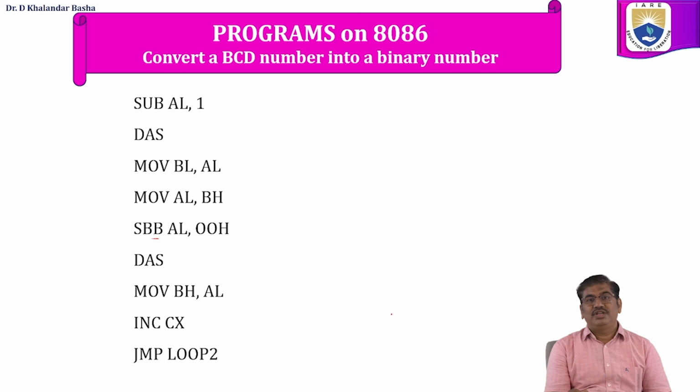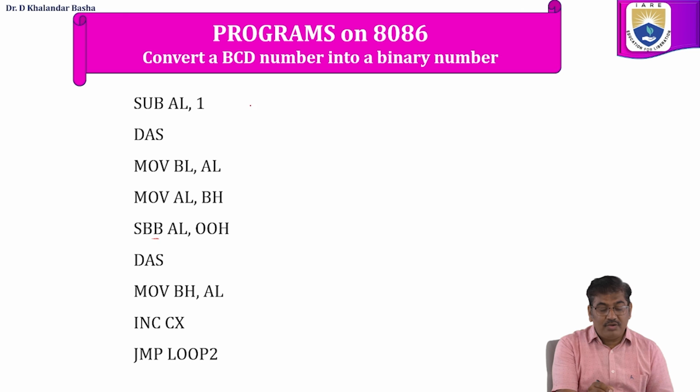Suppose no borrow is taken, then the AL contents, which is nothing but BH contents, will not be altered. If any borrow is taken, it will be subtracted and converted into unpacked BCD, and the AL register will be loaded back into the BH register.